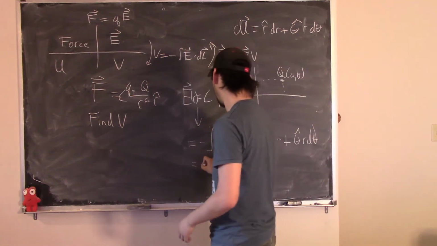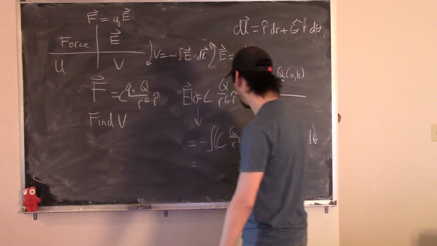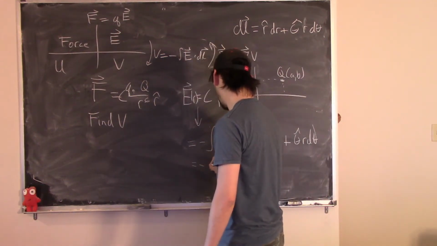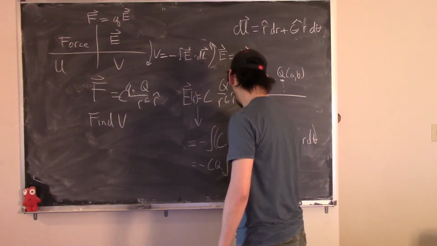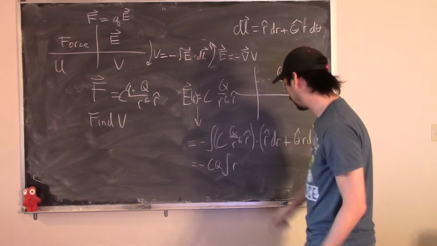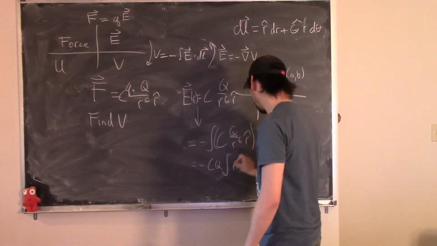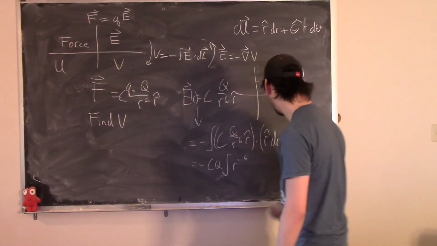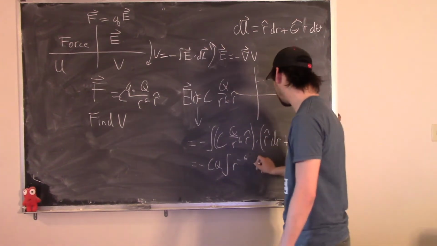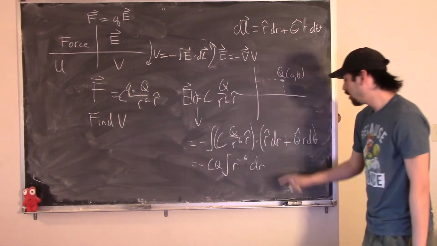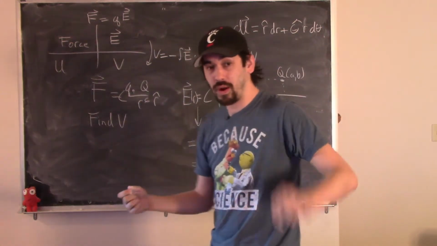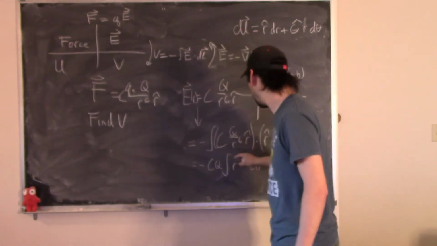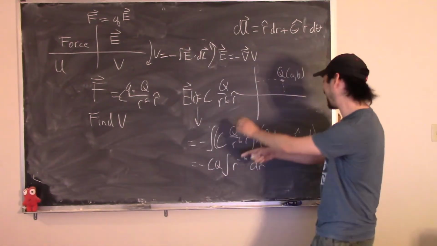And so this is going to be, and let me factor out some things that are constant here. So this is minus CQ times the integral, and I'm going to write this in an even more suggestive way so that we can evaluate the integral easily. This is r to the negative 6th times dr. Now we can integrate this with our basic rules for integrating functions like x to the n.